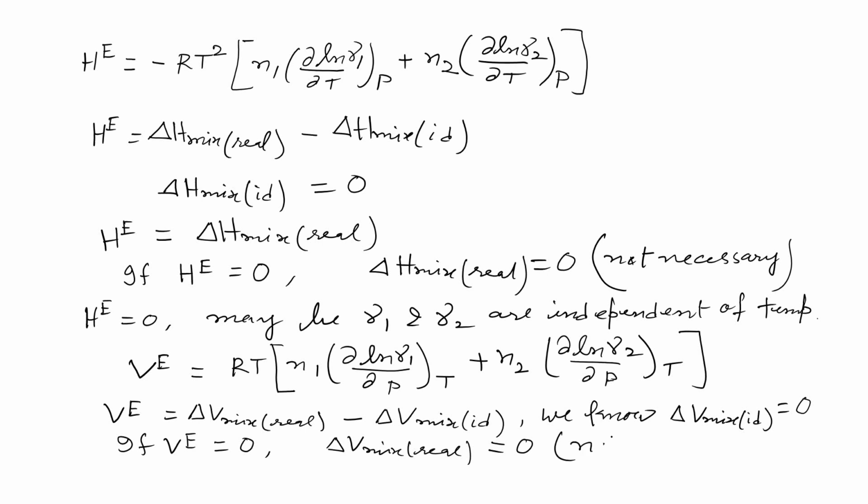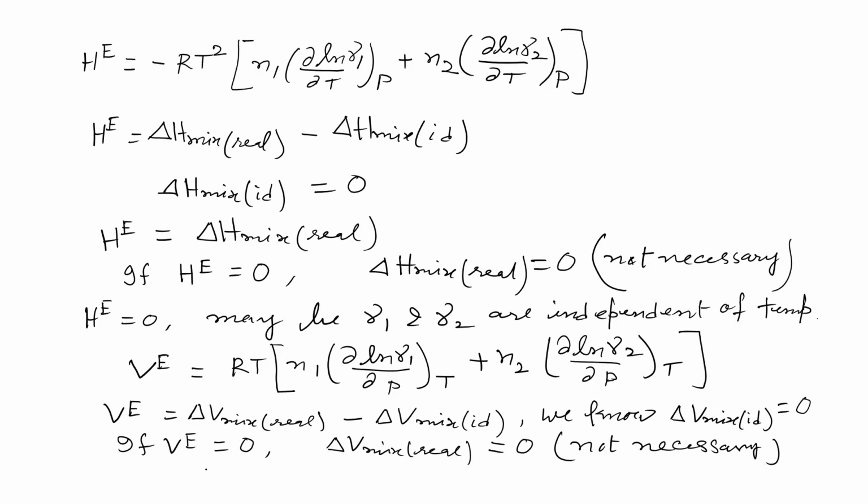This is also not necessary, because in the expression, look here, these activity coefficients are differentiated with respect to pressure. If the activity coefficients are independent of pressure, then this term will be 0, and then also excess volume will be 0. In that case, it is not necessary that ΔV mixing of the real solution is 0. It may happen because γ1 and γ2 are independent of pressure.